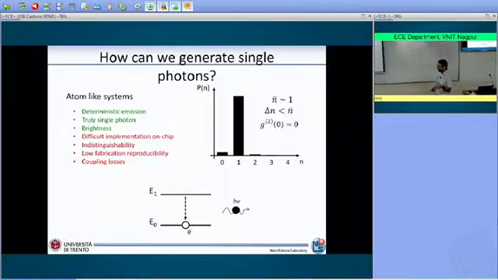But the point you are raising is one of the most difficult aspects of this kind of source, meaning that they are, on one side, difficult to implement on a chip, on a circuit, because it's quite difficult to put a single atom on top of a photonic integrated circuit. It's quite difficult to put defects on the single photon sources.